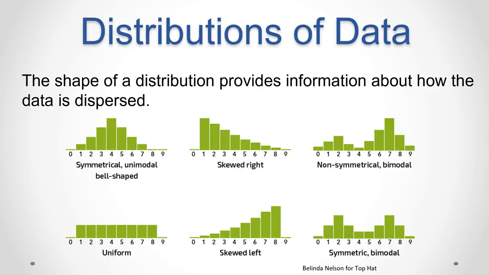When data sets are graphed, we form a picture that can help us in the interpretation of the information. The shape of a distribution provides us with information about how the data are dispersed, or how spread out the data are. As you can see on this slide, distributions can take on many different shapes, and each shape gives us different information about the data it represents.